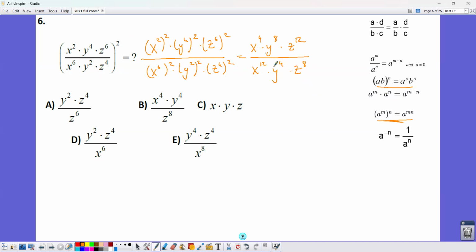Now, because we have multiplication between them and we have some same variables, like x and x, y and y, z and z, we can do some simplifications. So let me write here down.